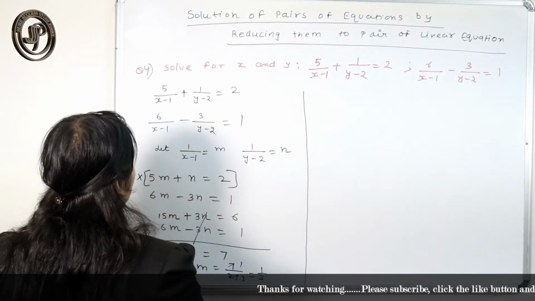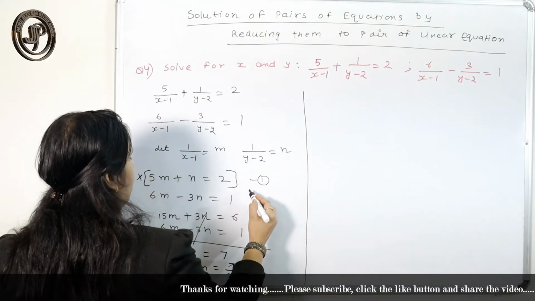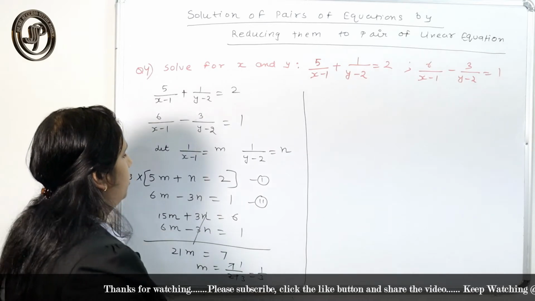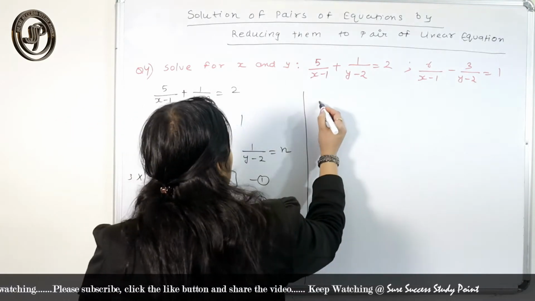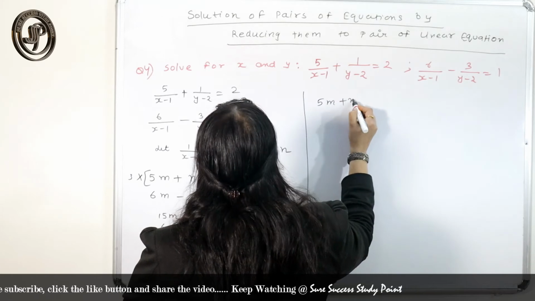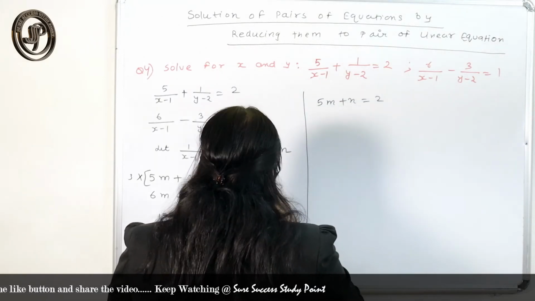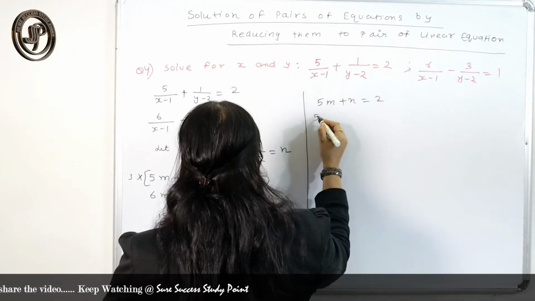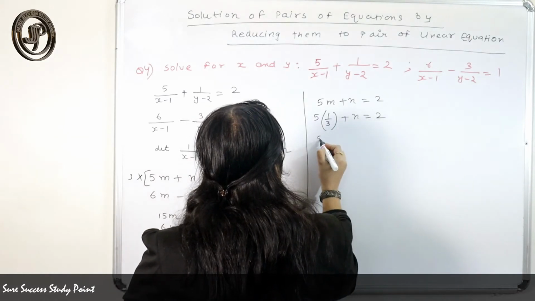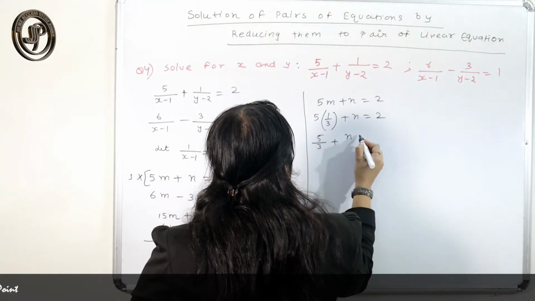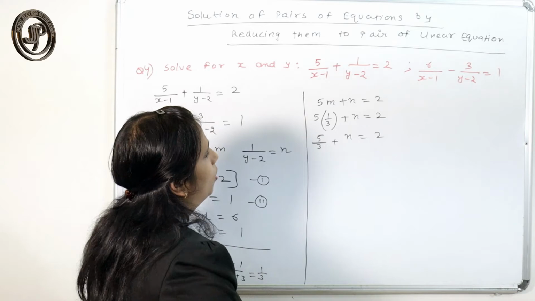Now I am going to substitute the value of m in any of these two equations. So I am going to substitute the value of m in equation 1. If I substitute the value of m, then I get this.